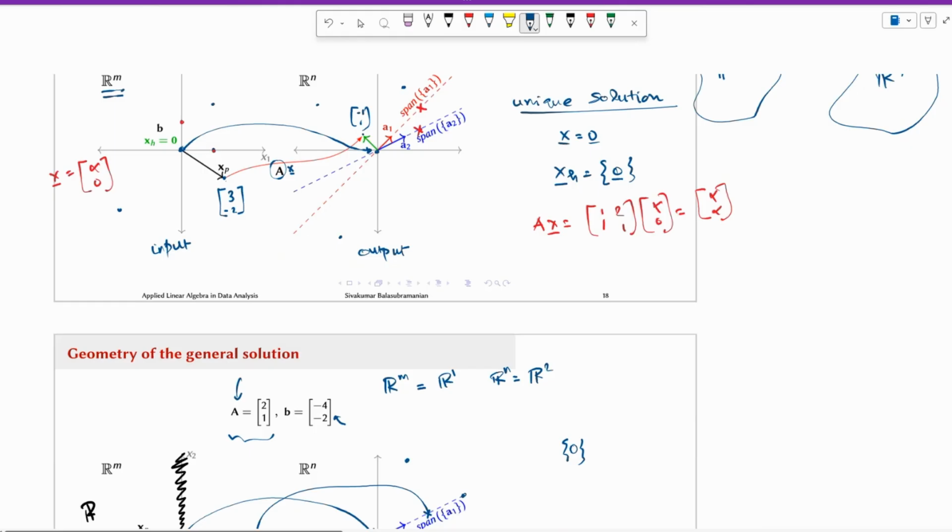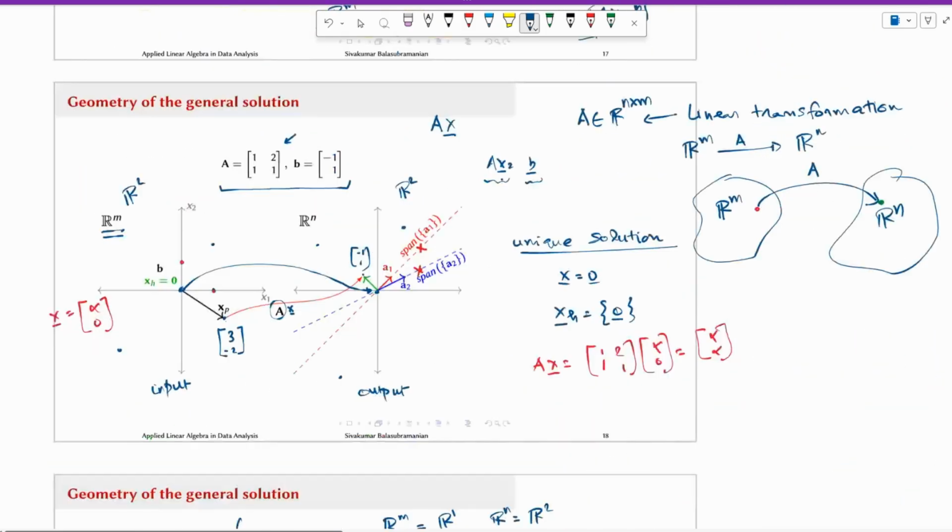What about here? Where is the null space? It's 0. What about the column space? The green line here is just to say that this point gets mapped to this point.